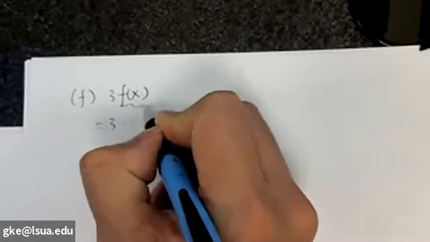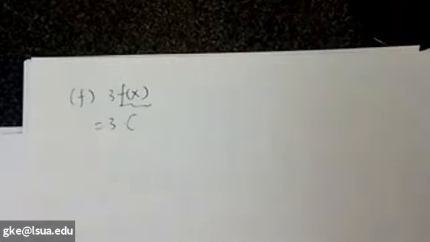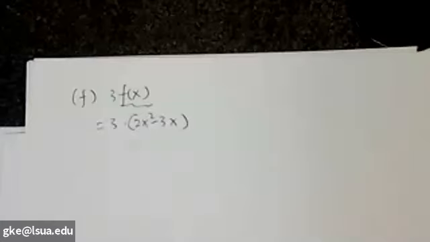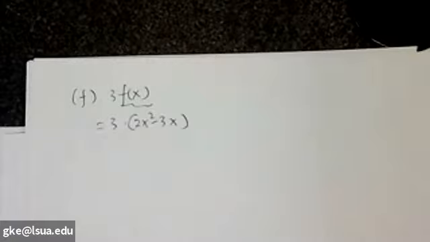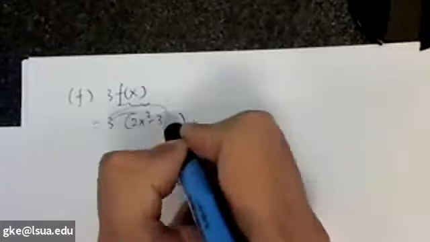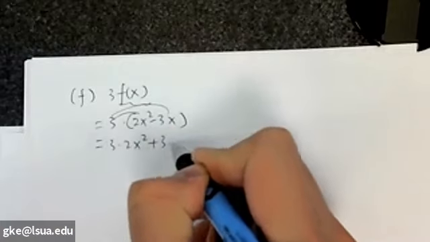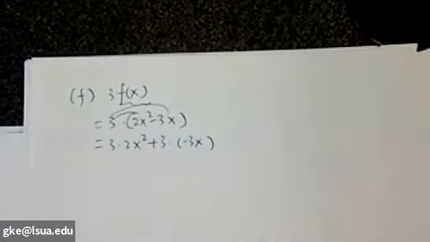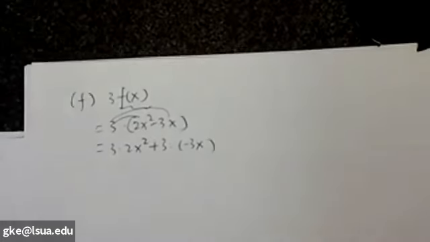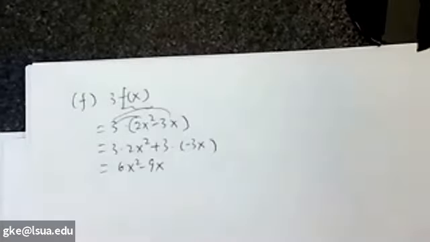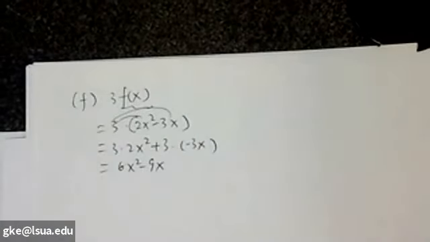So 3 times f(x). f(x) is what? It's 2x squared minus 3x. Just plug in the f(x). That is the multiplication of a polynomial, right? That's what we learned before. It's a very straightforward distribution. 3 times 2x squared plus 3 times negative 3x. 6x squared minus 9x. That's it.